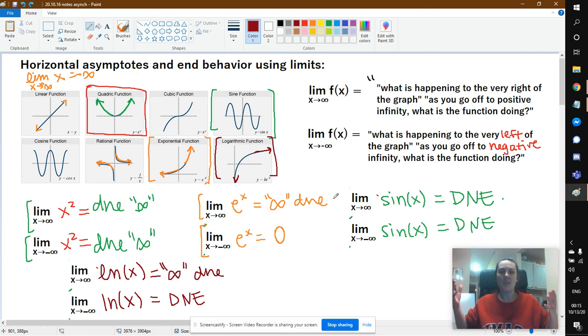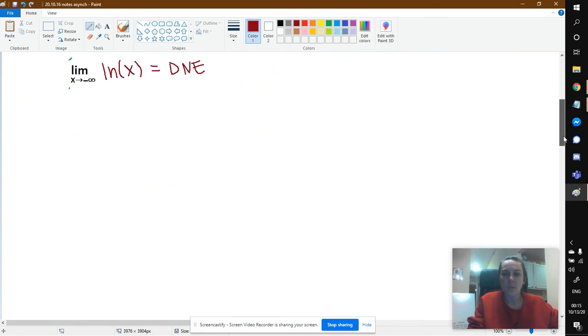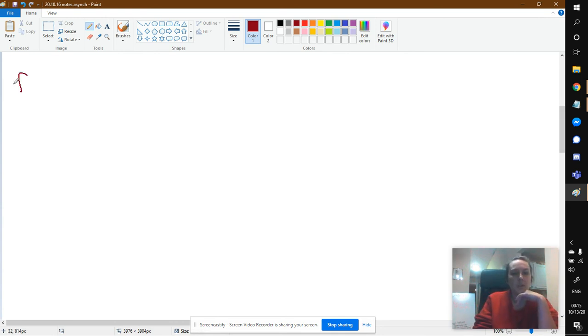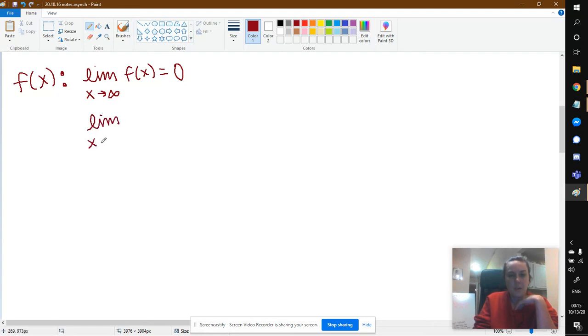And that's kind of what the end behavior using limits is like. The horizontal asymptotes are like on the exponential function where we draw these lines, saying it's getting closer to 0. Or on the rational function, it's getting closer to 0. So imagine I told you, mystery function f of x, but you know the limit as it approaches infinity is 0, and the limit as it approaches negative infinity is, I don't know, 2.